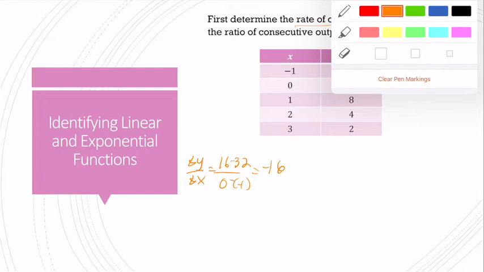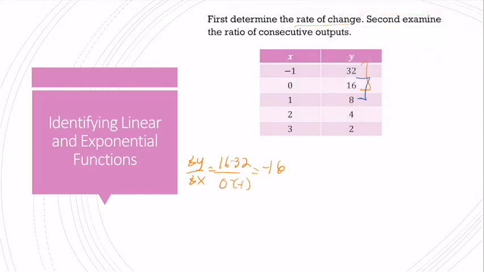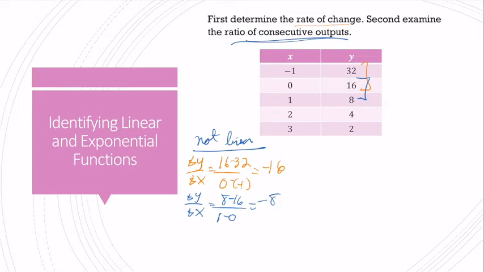Let's pick another set of 2 points. If I have my change in y over my change in x, that's 8 minus 16 over 1 minus 0, which is negative 8. Okay, so this is not linear. I can then go ahead and compare the ratio of consecutive outputs. So let's take a look. Let's switch back to orange.